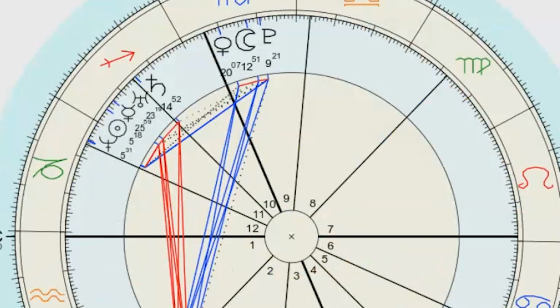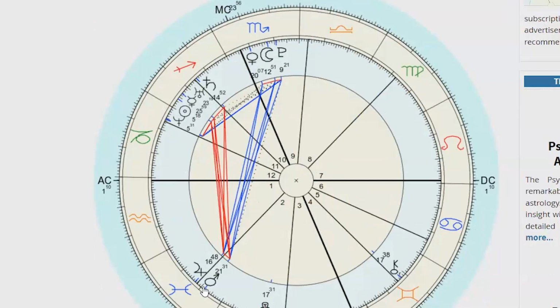Her progressed Mars is also making an exact square to her natal Uranus, and roughly 4 years ago, or maybe 5-6 years ago, you had Mercury moving through the square, so progressed Mercury square progressed Mars and Jupiter. So yeah, that's all going on right now.